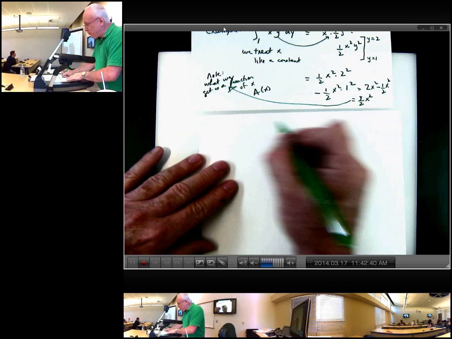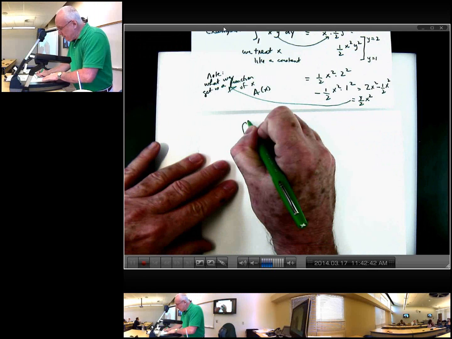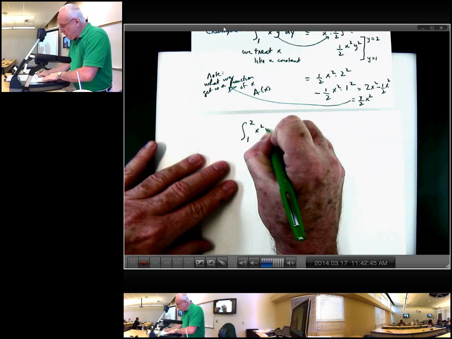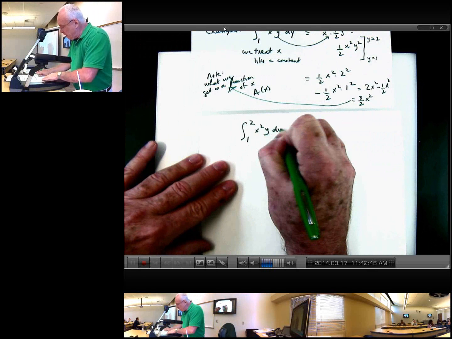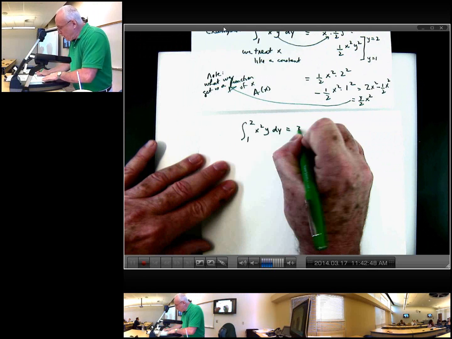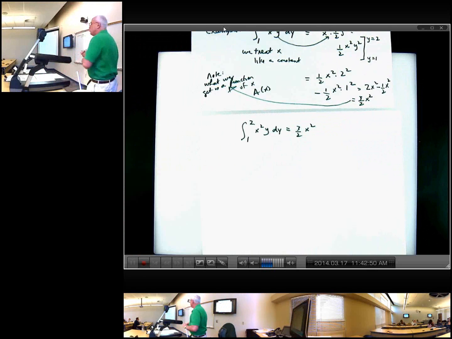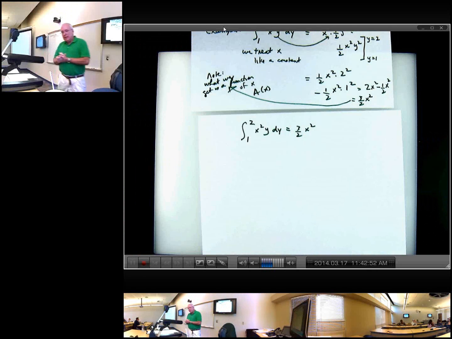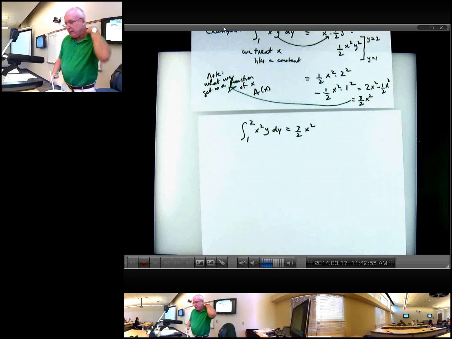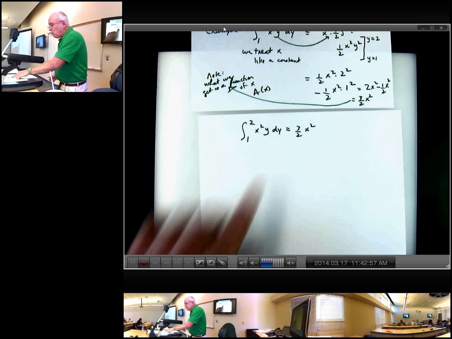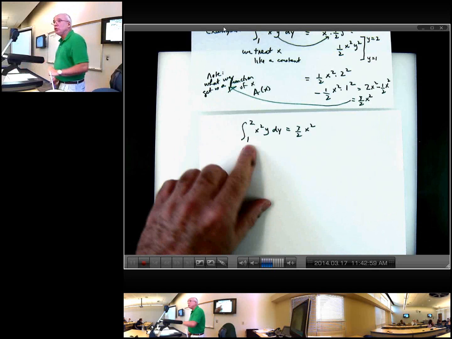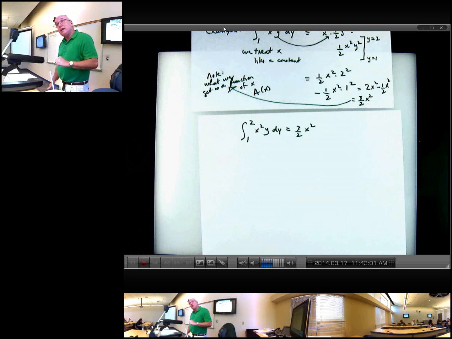The integral from 1 to 2 of x squared y dy, I'll cut out all the middle part, is equal to 3/2 x squared. All right? Now, this is for y varying from 1 to 2. Guess what we're going to do next? We're going to have x vary from some number to another number.